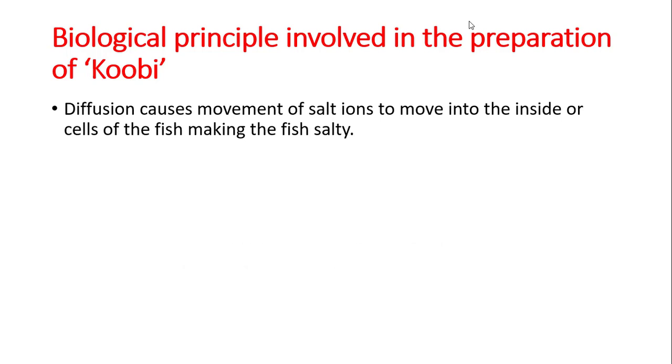One aspect of it is osmosis, which we have looked at, brought about due to the differences in the concentration of ions or salt outside the cell: more salt or ions outside the cells of the fish than inside. Therefore, the water inside the cytoplasm of the cell tends to move.